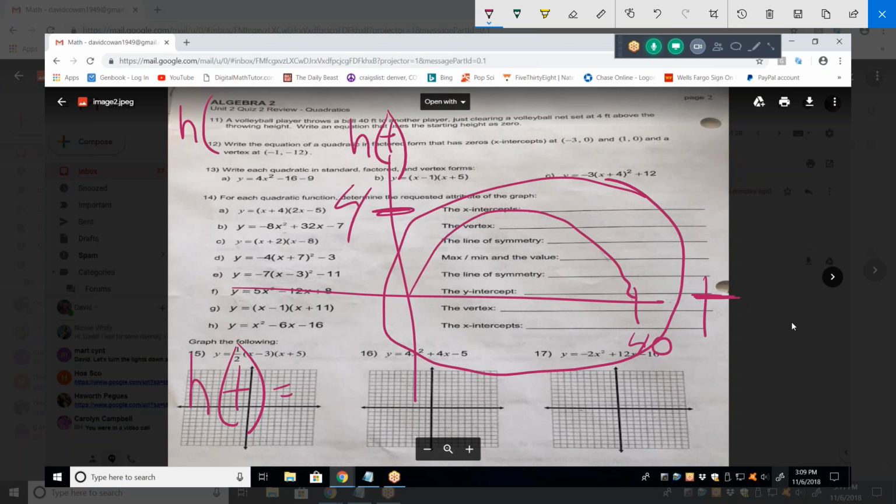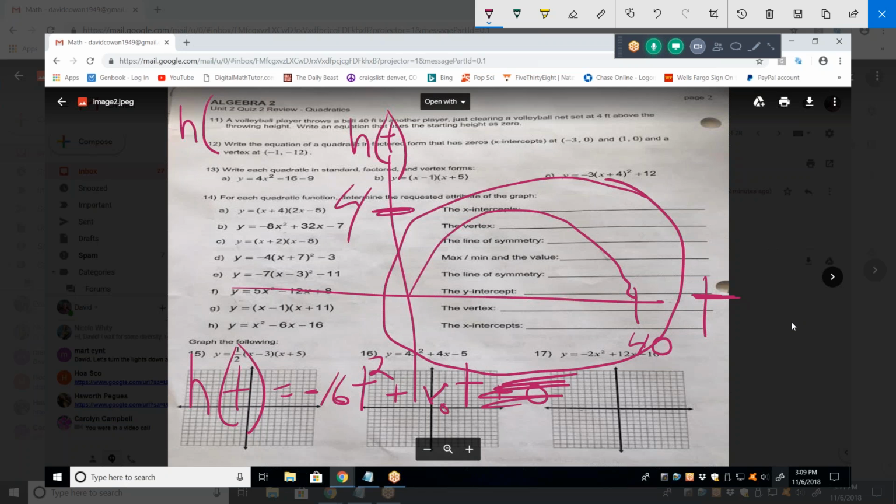Okay, so this is in feet per second, so this is going to be minus 16t squared plus the initial velocity she throws it at times t, plus the height, which is 0. So there's our equation right there.